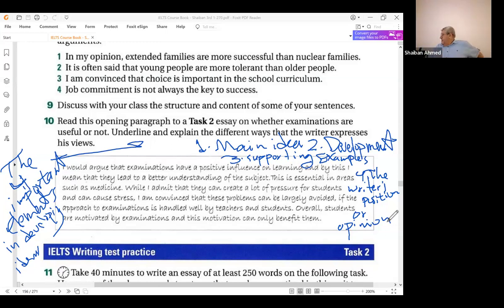I would argue that... just read it. And can you see the four things, the main idea, the explanation, development of the idea, the supporting examples to the idea, and finally, number four, the writer's final view or position. 1, 2, 3, 4. If you can do these, that means now you are ready for a fully developed idea.